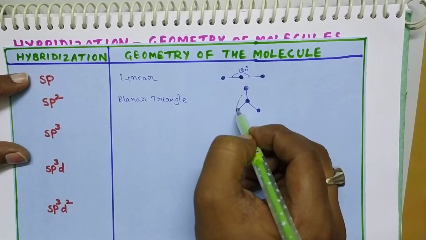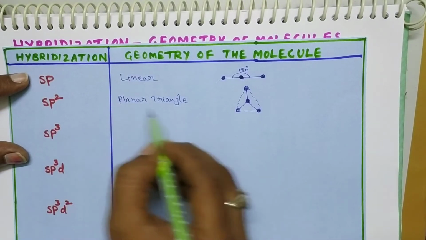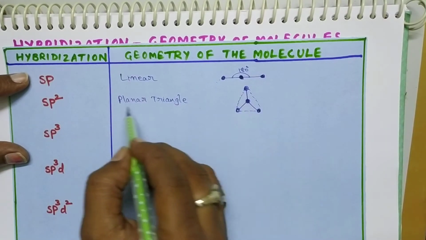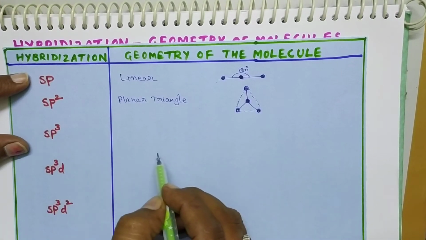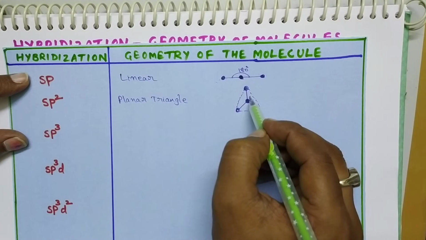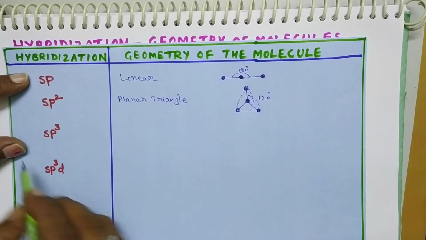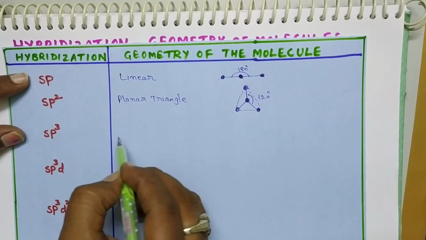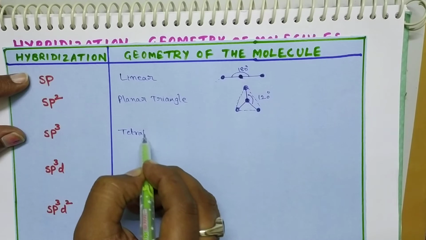By joining these 3 we get a triangle shape. Since it is planar, it is called a planar triangle. In a triangle the bond angle will be 120 degrees. And next one, sp3 hybridization. sp3 means the structure will be tetrahedron.